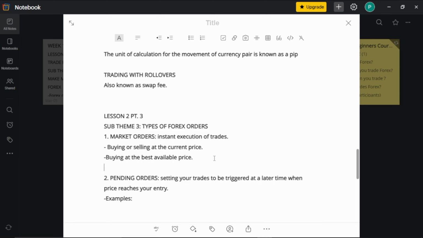With market orders, you can be saying different things and then you're just executing trades at random. But with pending orders, you must be looking out for a particular confluence of price. Some certain conditions must be met before you can set, okay, this is the level that I'm willing to enter this trade at. I hope you understand this.